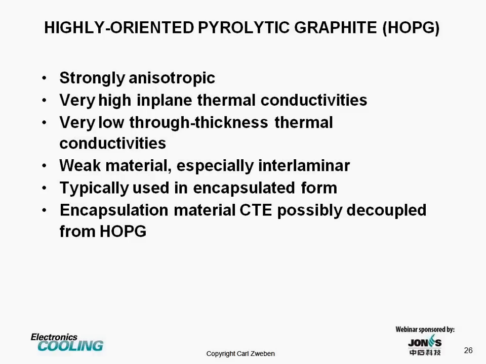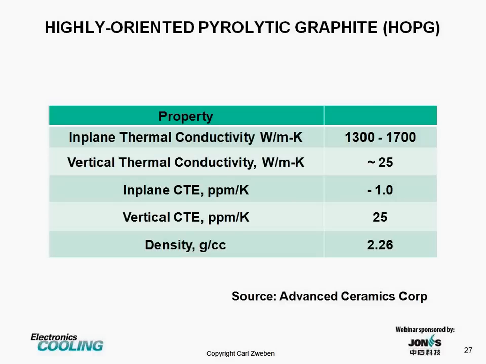Because of the weakness and brittleness, it's typically used in an encapsulated form, as we'll see in a minute. And the encapsulation material is reportedly decoupled from the highly oriented pyrolytic graphite. So you wind up with a surface coefficient of expansion that's pretty much the same as the encapsulating material. So here we have properties of HOPG.